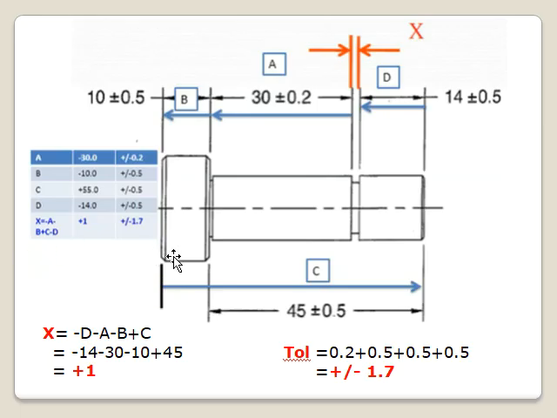See, here we are finding the x value. This x value will be derived from all these imperfections, meaning tolerance, whatever we have here, based on the directions.